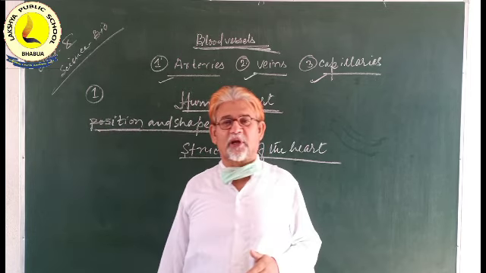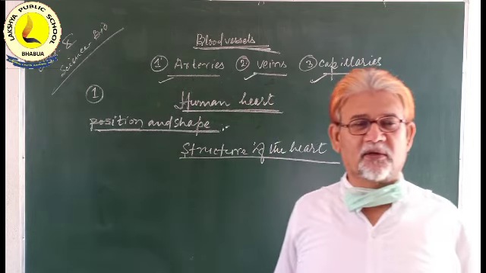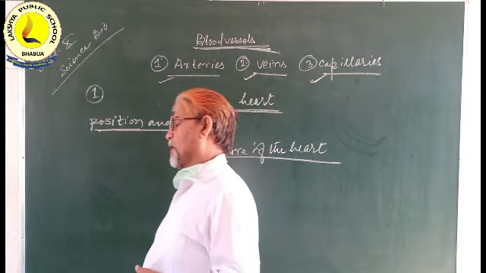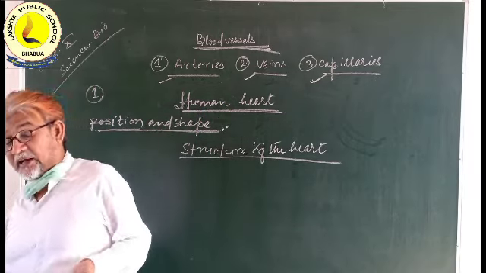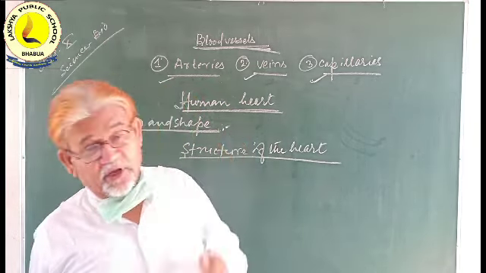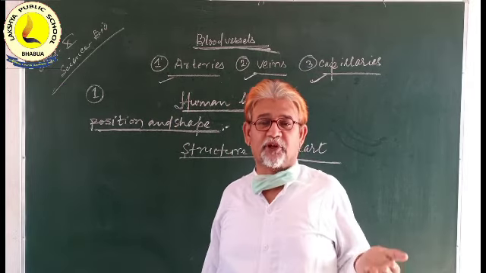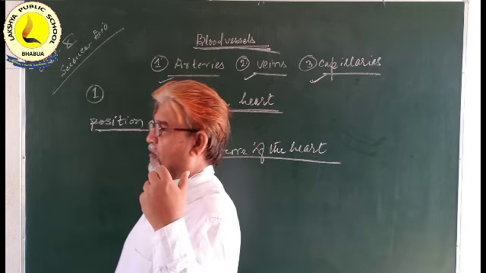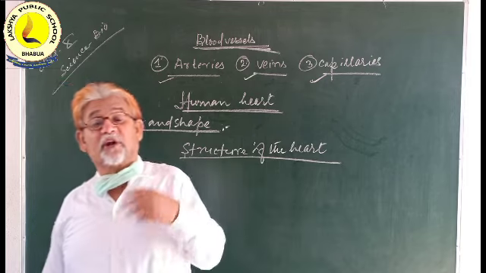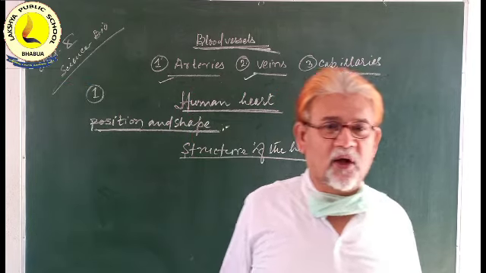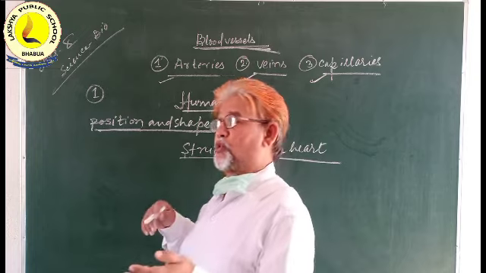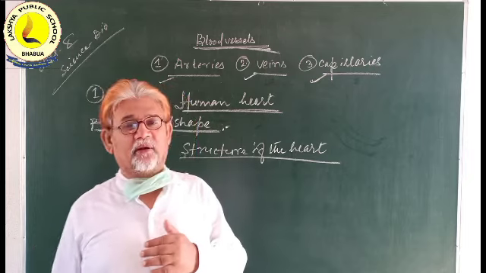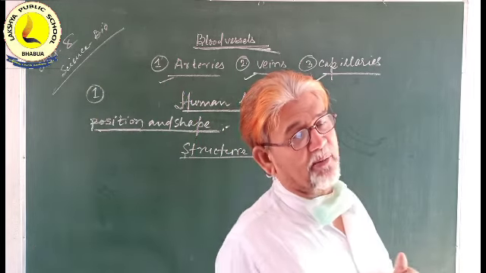In the right side there are 2 chambers: the upper, thin-walled, smaller chamber, which is the right auricle, and the lower, larger chamber, which is the right ventricle. And on the left side there are the same two chambers: the left auricle and the left ventricle.